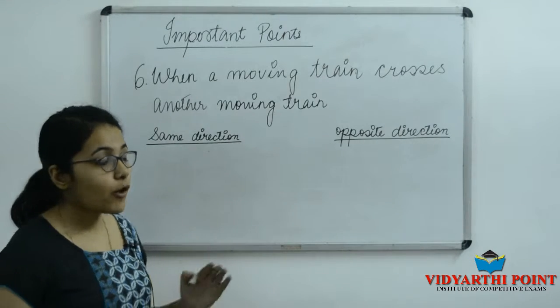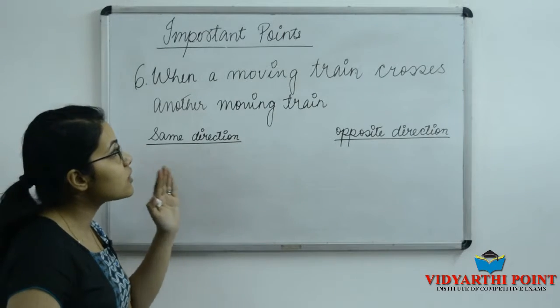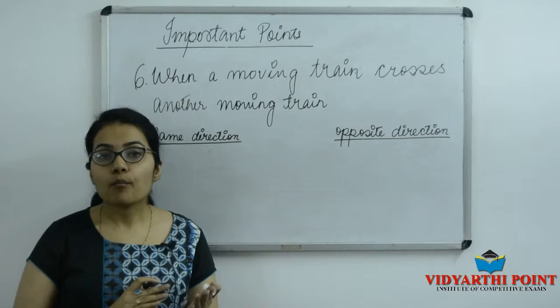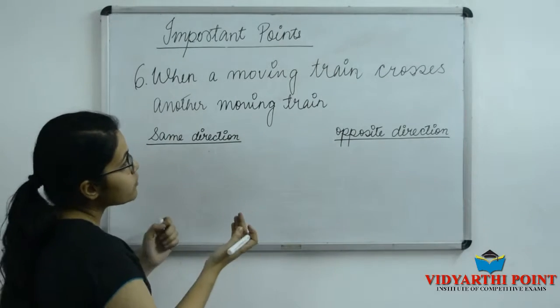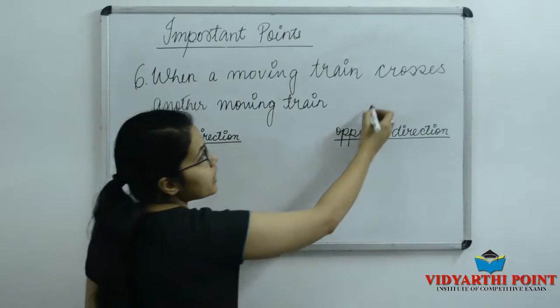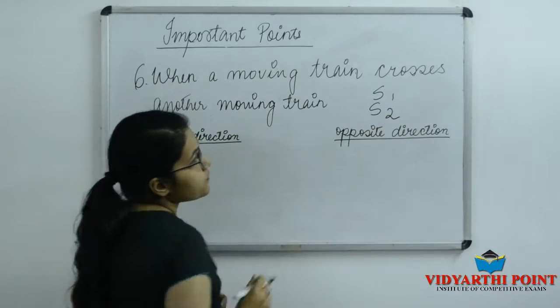Now let us look at point number 6, which is when a moving train crosses another moving train. So here both the objects are moving. Now since both the objects are moving, here we have to take both the speeds S1 and S2.